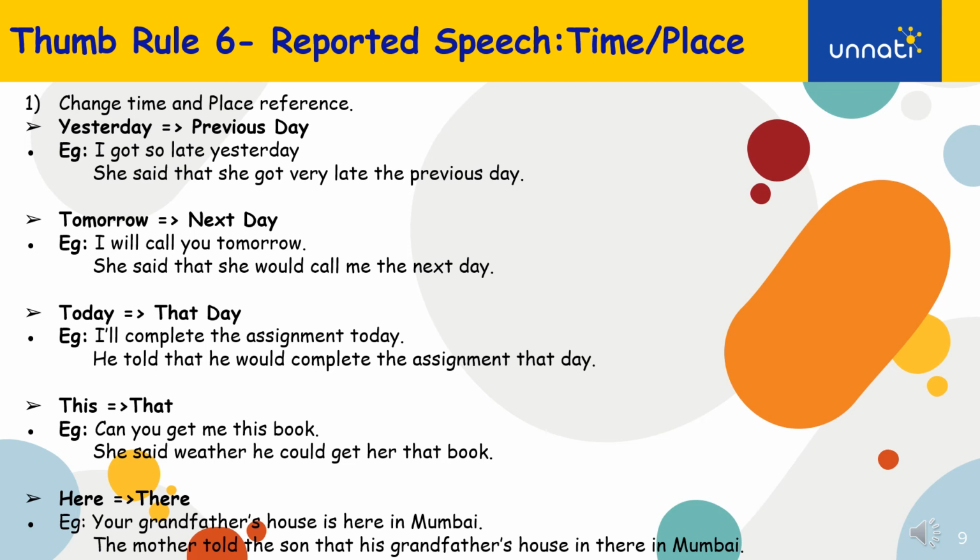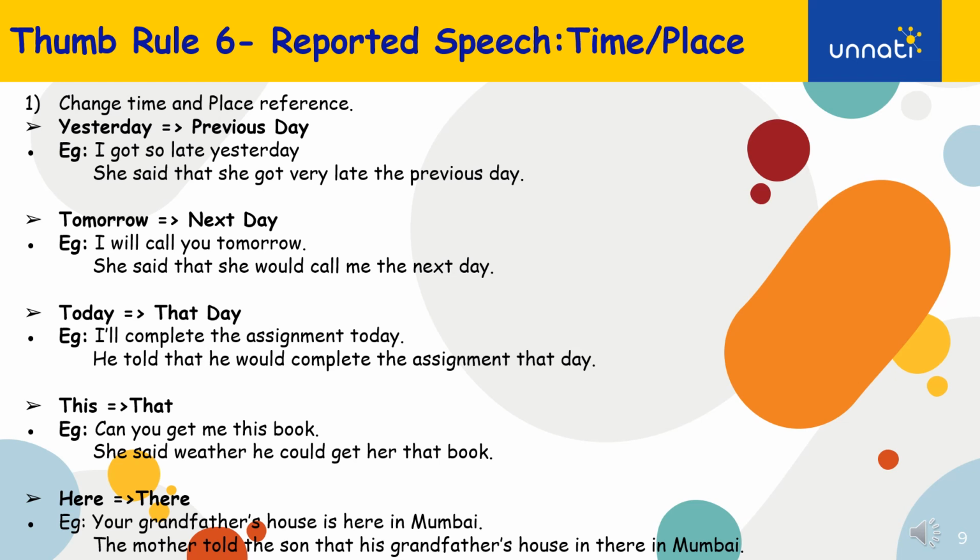If it is a discussion between you and your friend today, and you tell your friend, I'll complete the assignment today, and somehow maybe you could not complete it, and your friend tells the boss, maybe 2 days later, he told that he would complete the assignment that day.